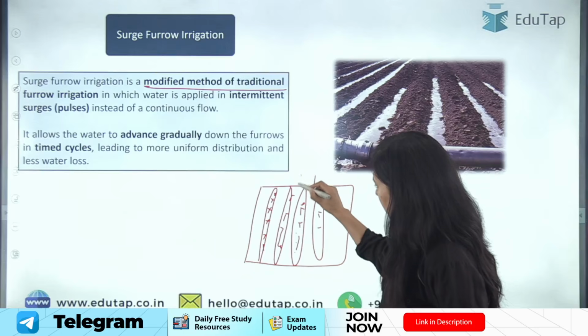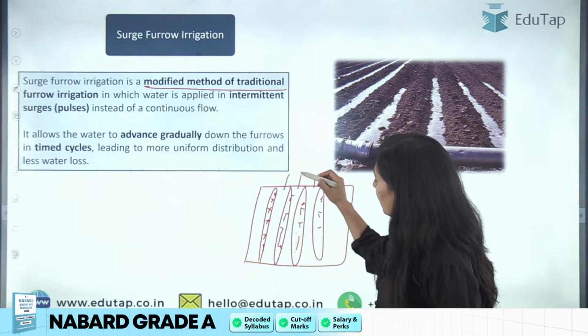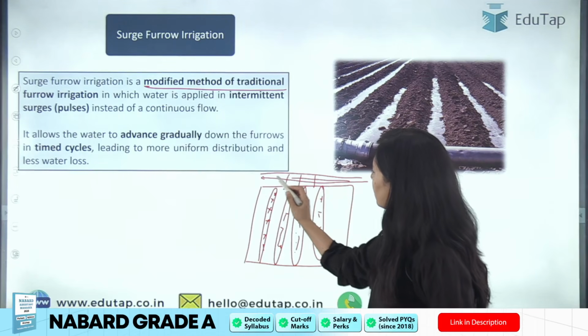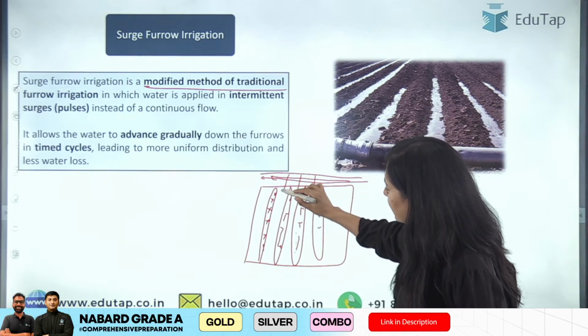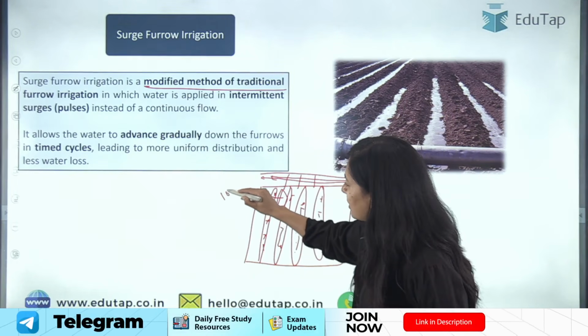So these are furrows. What we do in the case of surge irrigation is, this is the main water flowing, and we allow water to flow inside this furrow for a certain period of time, say for 10 minutes.